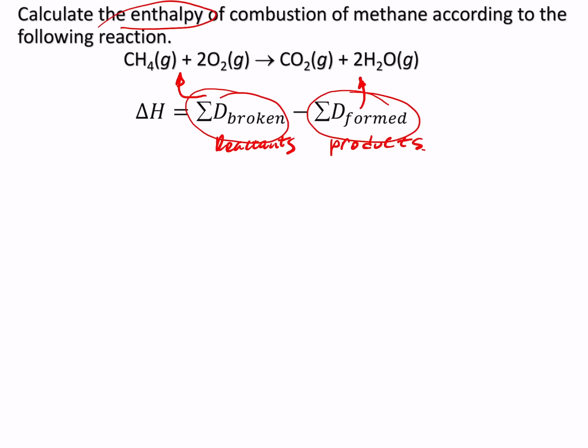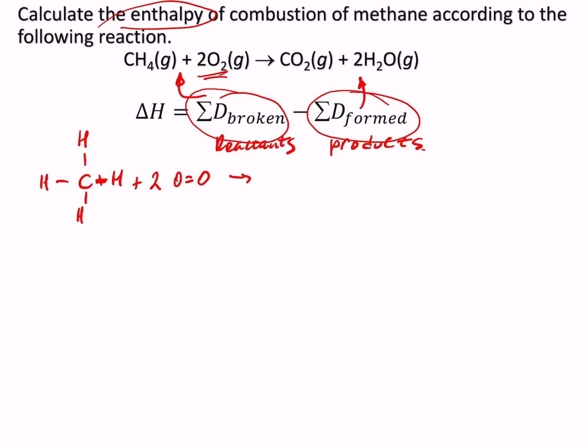In this case, it is easier if we look at this reaction with structural formulas, because then you can picture the bonds more easily. In the case of methane, we have 4 carbon-hydrogen bonds. These are 2 molecules of oxygen, so it's plus 2, and the oxygen molecule is bonded by a double bond.